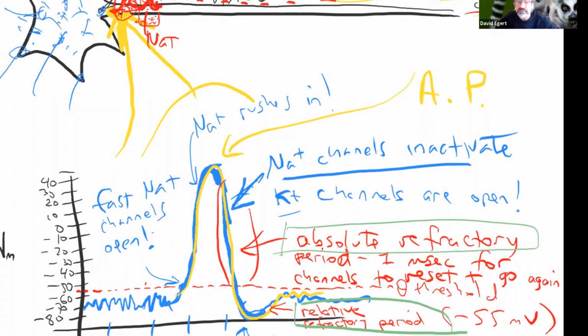But when that's happening, that means the next little section of membrane is now becoming more positive and goes over threshold. And what's going to happen at that point? It activates.